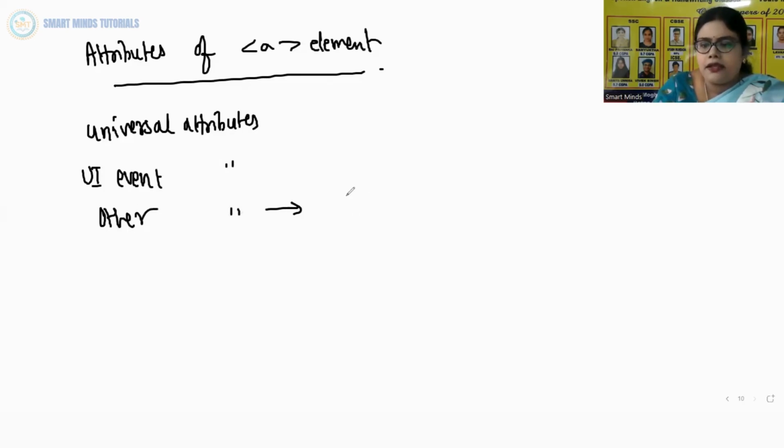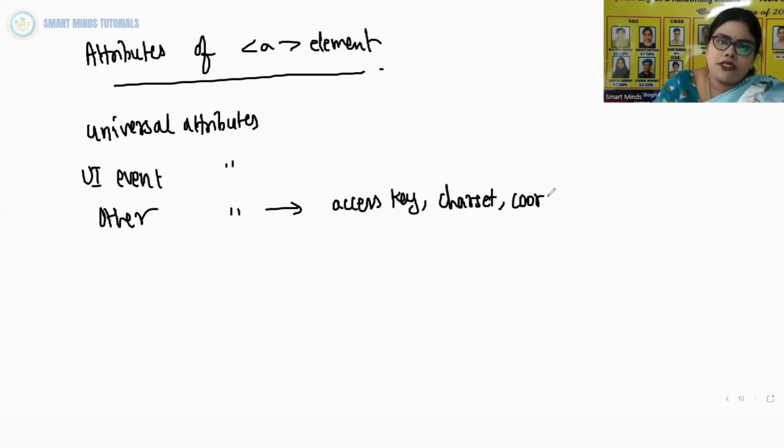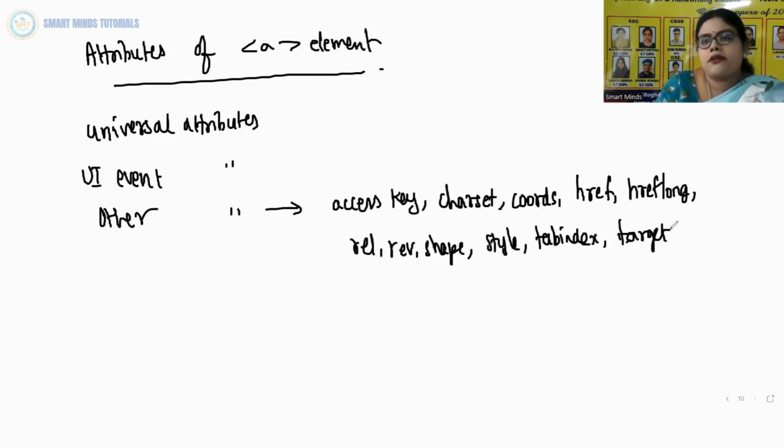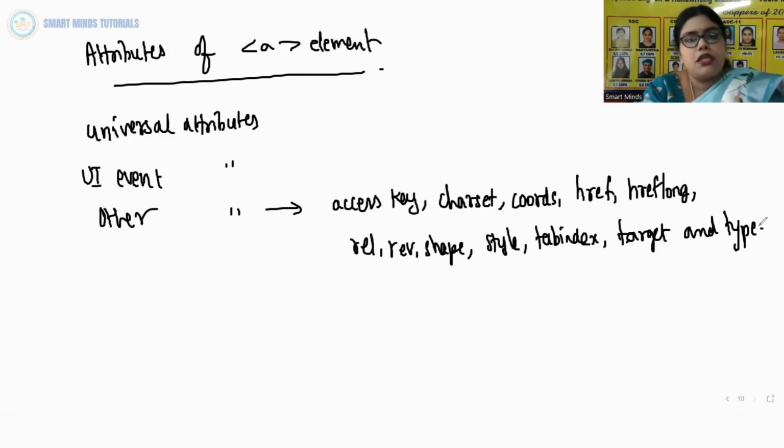Other attributes like accesskey, charset, coords, href, hreflang, rel, rev, shape, style, tabindex, target, and type. These are the other attributes. So let us understand about each one of them.